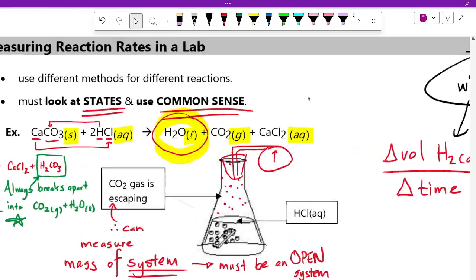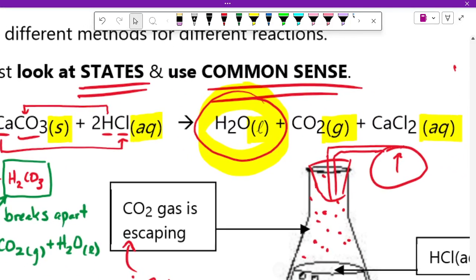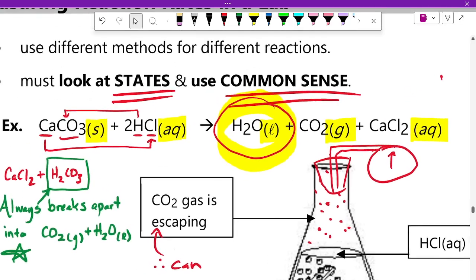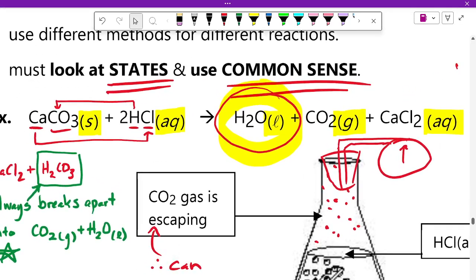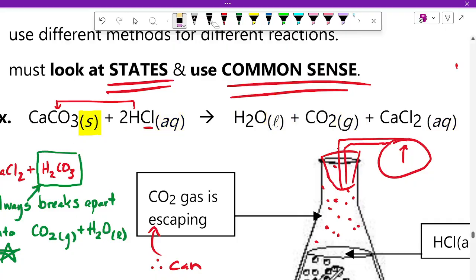Now, before we go jumping ahead, I would like to ask, does anybody see anything else in there that would be easy to measure? Maybe I'll get rid of all my things here so you can see it more cleanly.